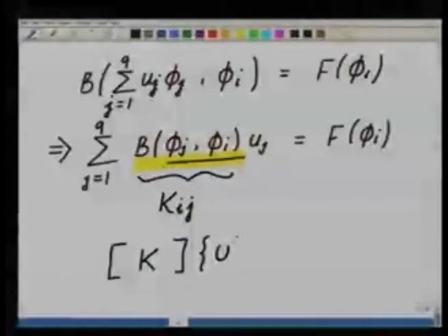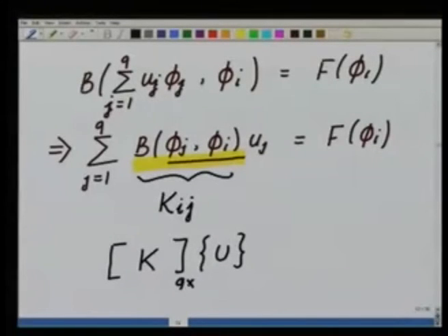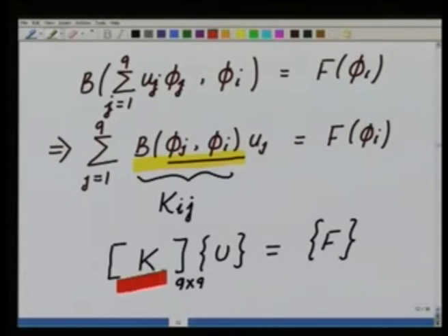Now, if this is Kij, then we can write the whole problem in the form of the global stiffness matrix K into the unknown displacement vector U, where K is 9 by 9, U is a vector of size 9, and this is equal to the vector F. Our job is to find the entries of this matrix and of this vector.